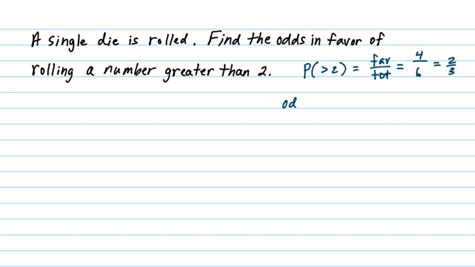So odds against something occurring is going to equal a ratio of unfavorable to favorable outcomes. Odds in favor is measured this way. It's the opposite. It's a ratio of favorable to unfavorable outcomes.